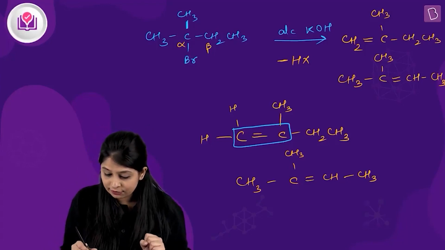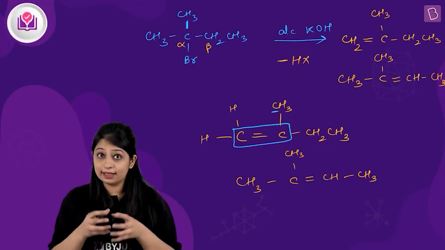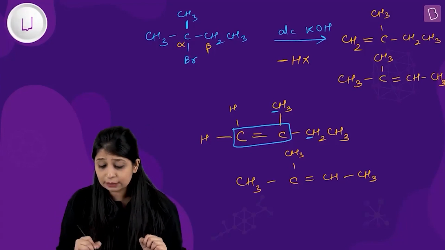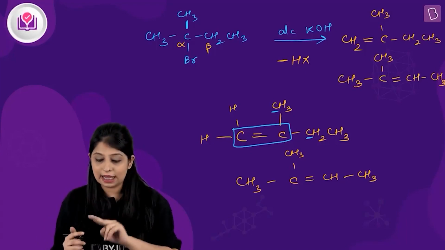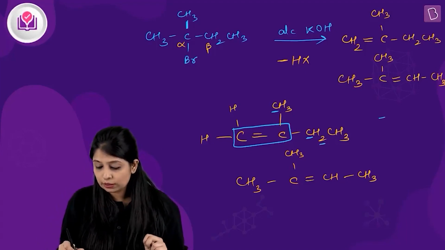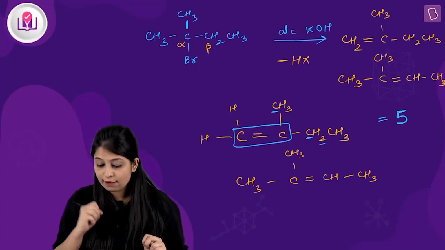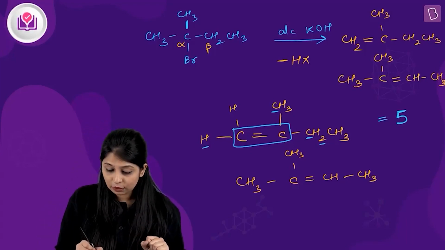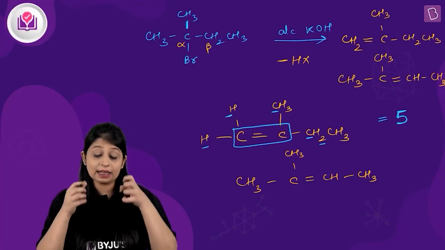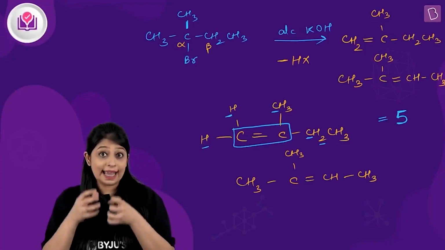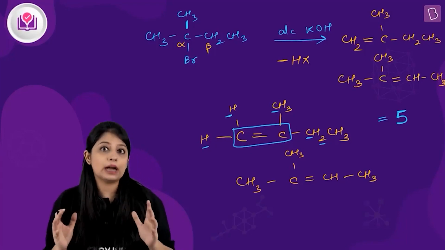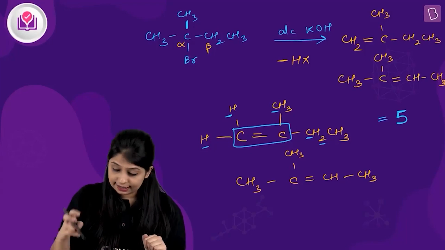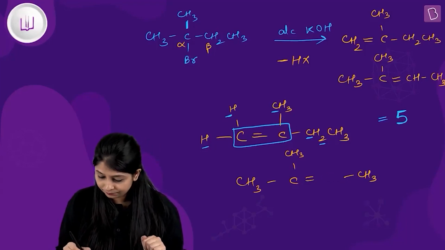This is the first carbon attached to this entity, and it has 3 hydrogen atoms. This is the second carbon attached to this entity, and it has 2 hydrogen atoms. So the total alpha hydrogens is 5 for the first alkene. Here, on the left side, the hydrogen atoms are attached to the entity itself, so we don't count these. Now let's have a look at the second alkene.